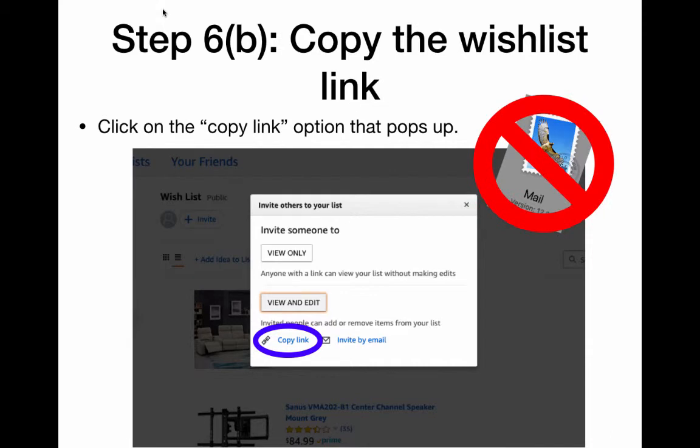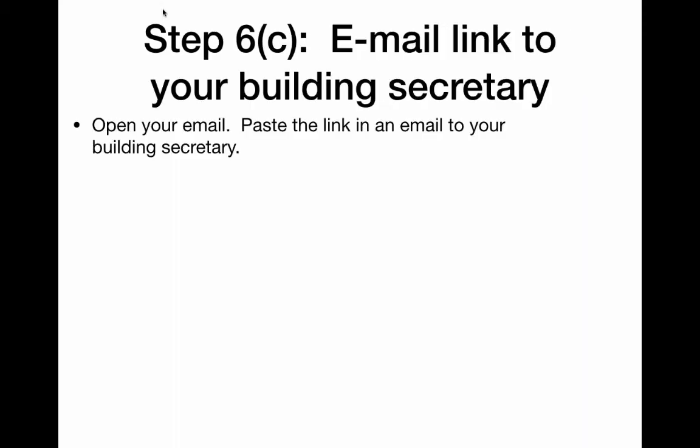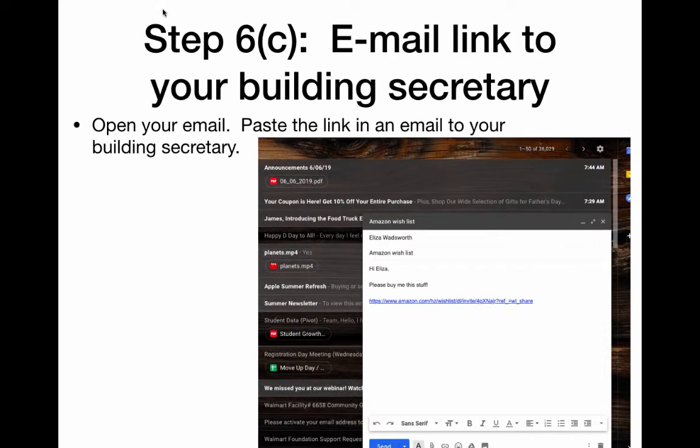So just copy the link and then be a grown-up and open your own email and paste the link that you just copied from Amazon into an email to your building secretary. And now all you're doing is sending her the link, and it will all be a nice, neat Amazon list that she can just click through and order your items on her tax-exempt school Amazon account.